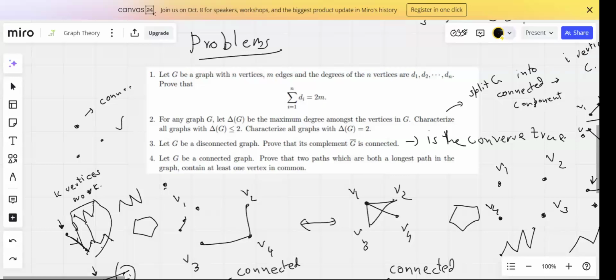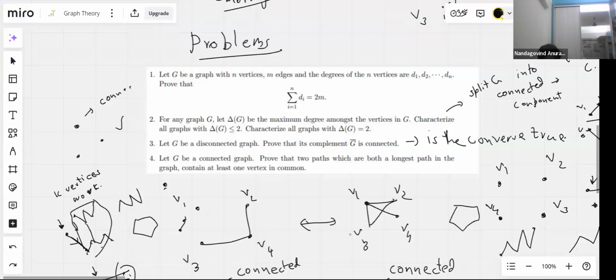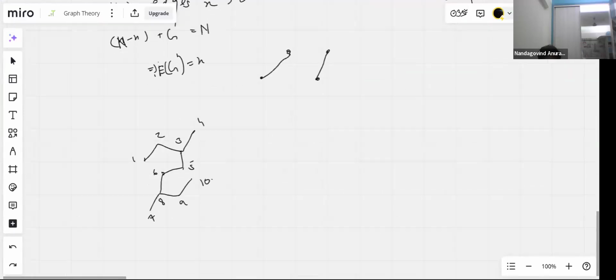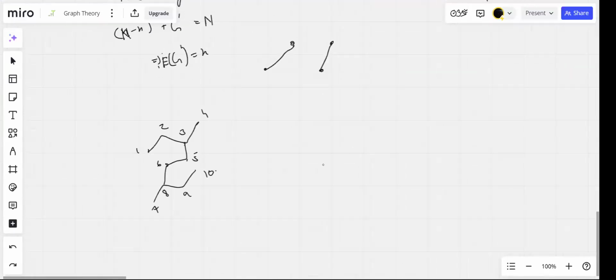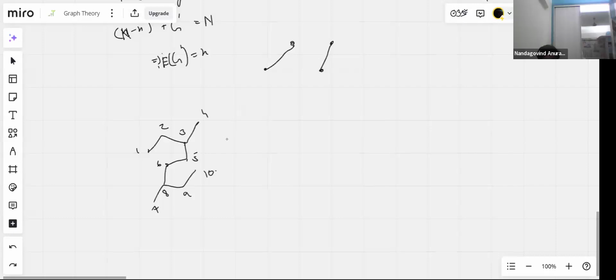Okay, can you just go to the diagram which you made? Yeah, this is a connected graph. What is the common vertex between 1, 2, 3, 4 and 7, 8, 9, 10? In fact, they're not the longest path. The longest path is 1, 2, 3, 5, 6, 8, 9, 10.